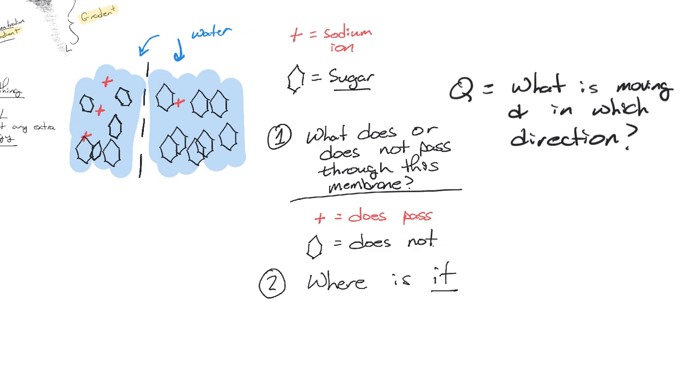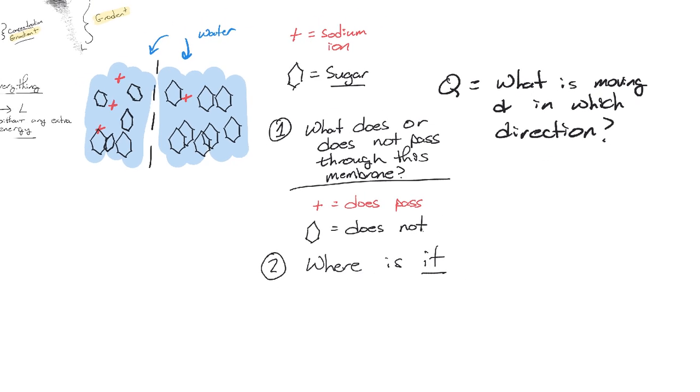Now, to be clear on why this is moving, I know some of you are not going to care, you're not going to remember, but I'm going to say it anyways. Kinetic energy: everything is moving all the time, it's vibrating. As these vibrate and they go this way and that way, moving in the liquid in this little chamber on the left side, the sugar hits this wall, it can't get through, it bounces off and moves in that direction.